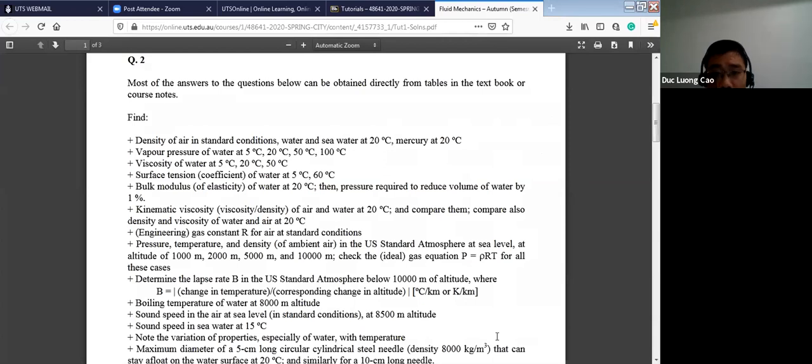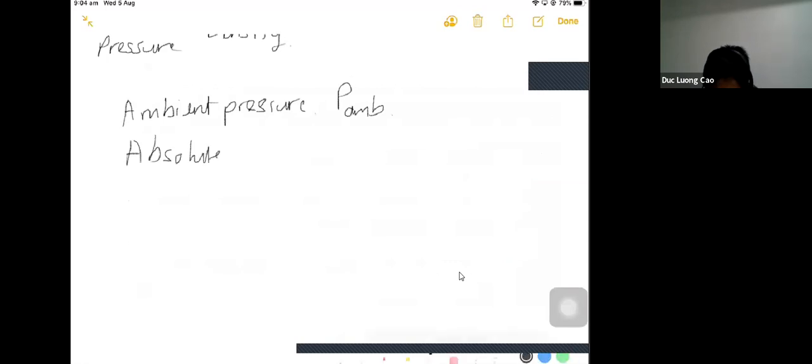You usually have 3 pressures: ambient pressure, P ambient, absolute pressure, P absolute, and gauge pressure.